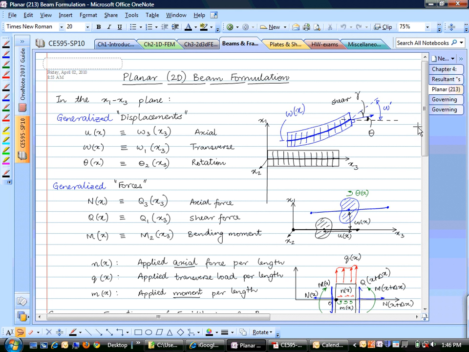Does that make sense? So this is the cross section, this is the normal vector. The angle that this normal vector makes with the x-axis is called theta. That's the rotation of your cross section. The other angle is this centroidal line that it makes with the x-axis. That angle is called w prime. Basically, it's the derivative of your w, which is lateral displacement.